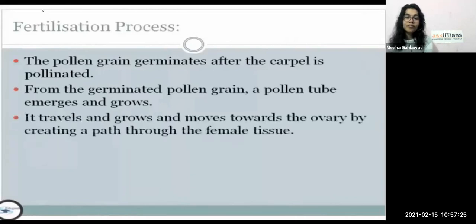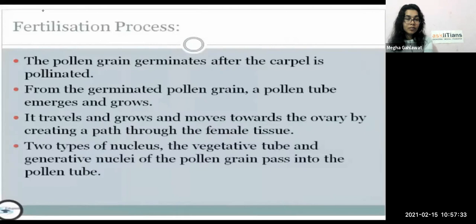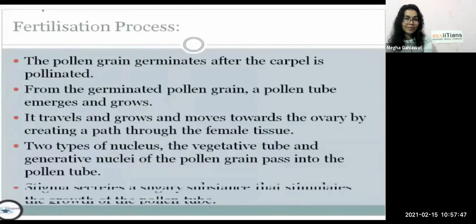It travels and grows and moves toward the ovary by creating a path through the female tissue. And we have two types of nucleus. The first one, we have the vegetative tube, and the second one, we have generative nuclei of the pollen grain pass into the pollen tube.